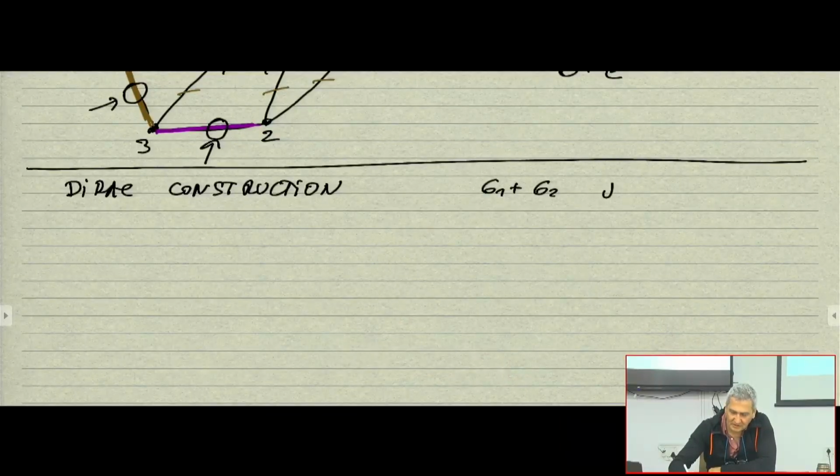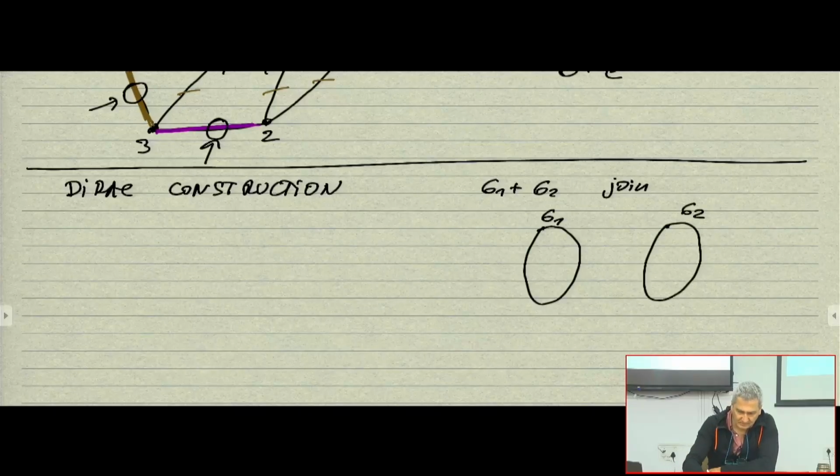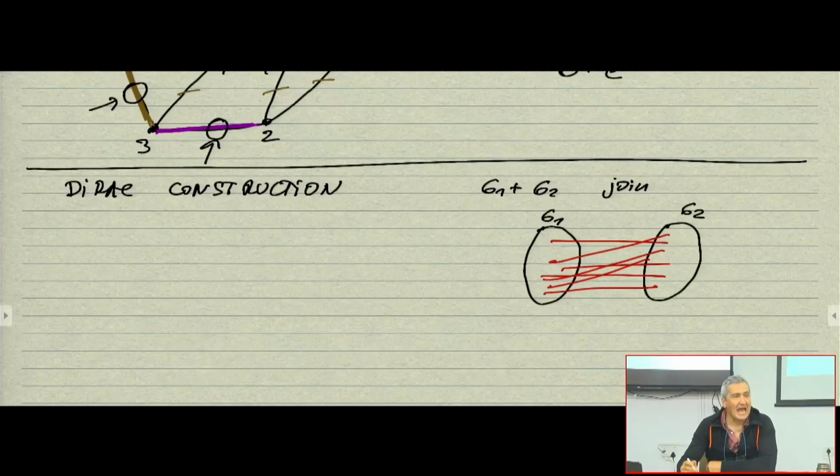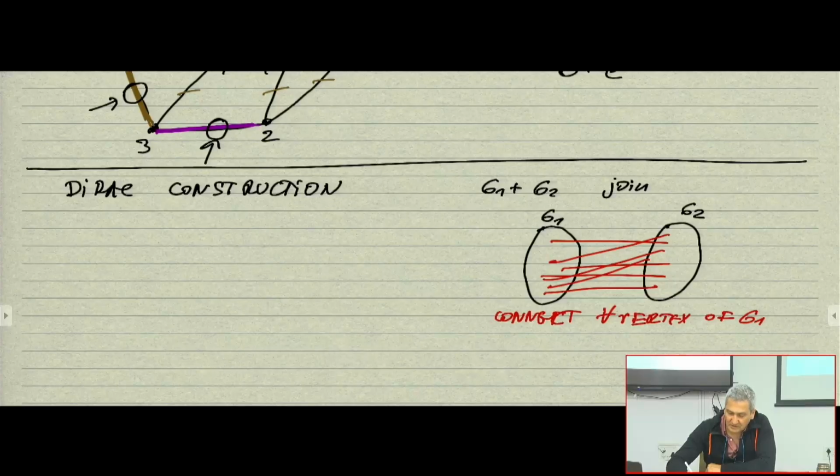This is the join. I take a copy of G1, a copy of G2, and then connect every vertex of G1 with every vertex of G2.